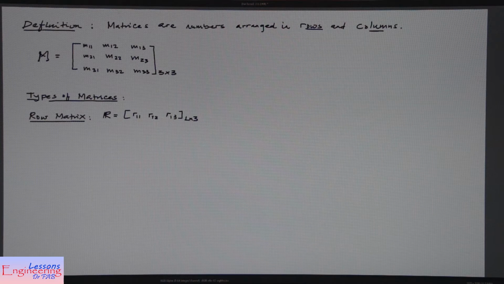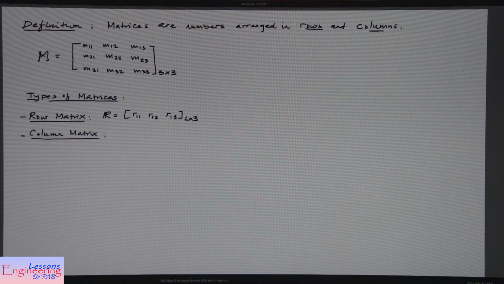So another type of matrix we'll be interested in is the column matrix. Okay. So the same way, column matrix will have only 1 column.